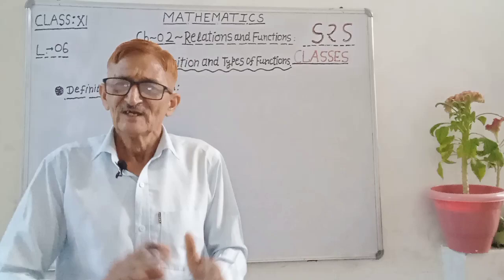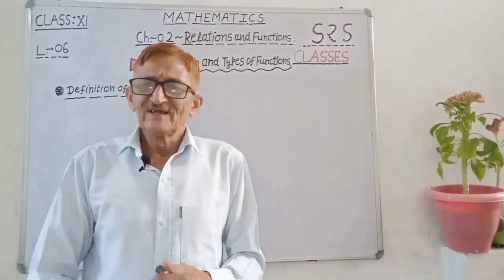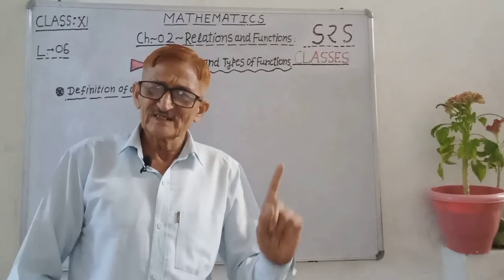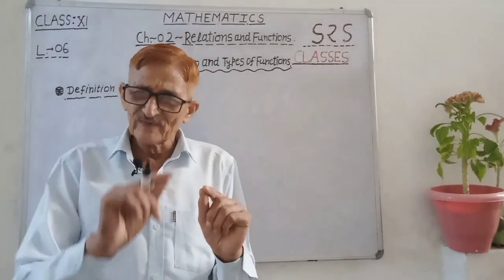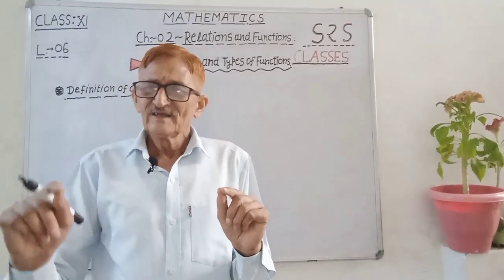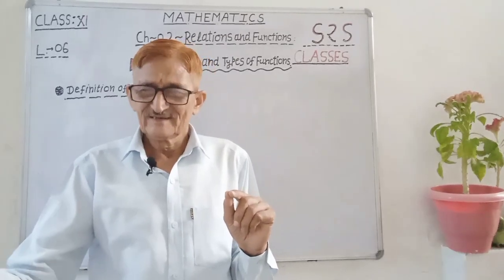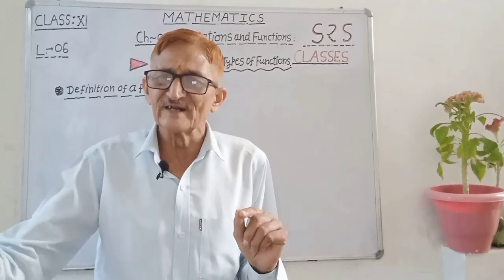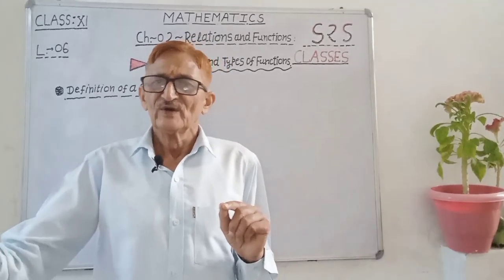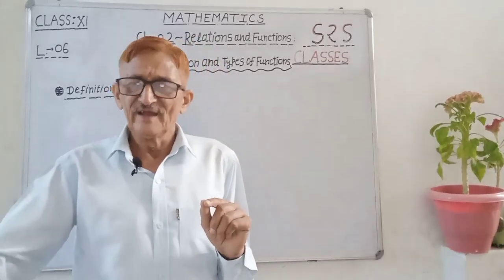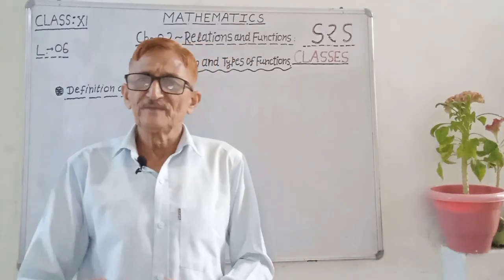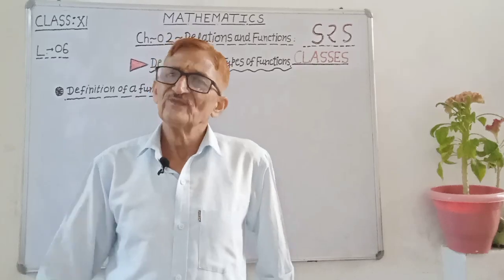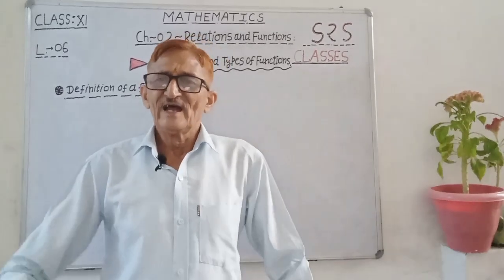Means I want to say that if you take one element in the first set, it must associate with a unique element, one and only one element. Then this type of relation becomes a function, and we call it a function.